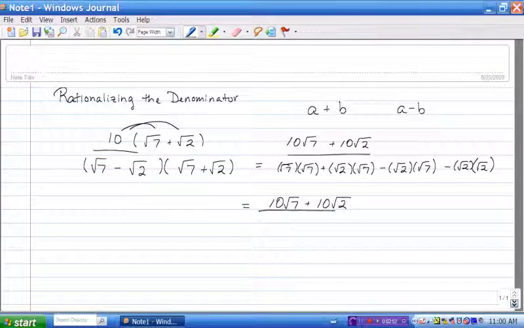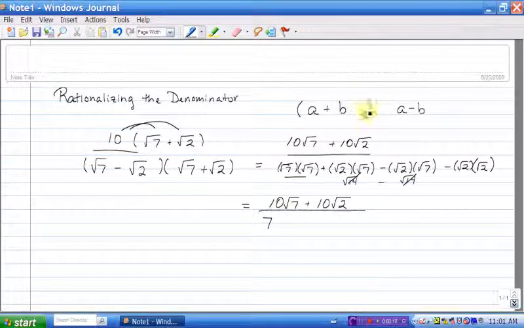So for the square root of 7 times the square root of 7, that would be the square root of 49, which is 7. This would be the square root of 14 minus the square root of 14. Well, those cancel out. And that's exactly why we want to use the conjugate pair. Because remember this?